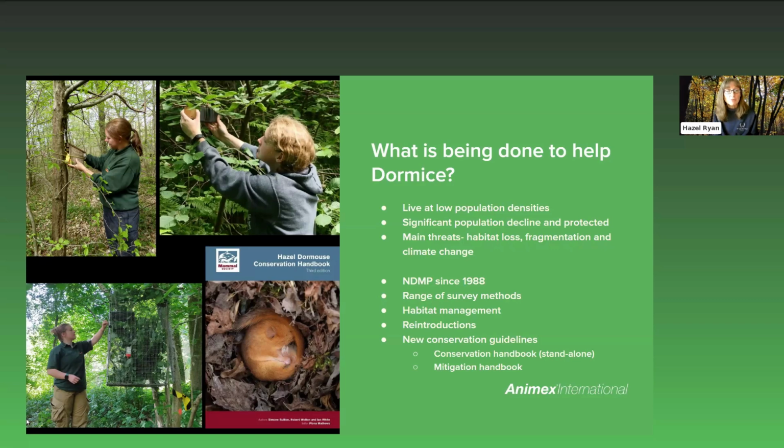And both of these are now available from the Mammal Society, both as paperback books or as PDF versions. And I really recommend that you get these because there's so much detailed information in these on all aspects of dormouse ecology, habitat management, survey methods, and mitigation. And they're very, very useful for anyone working with dormice.